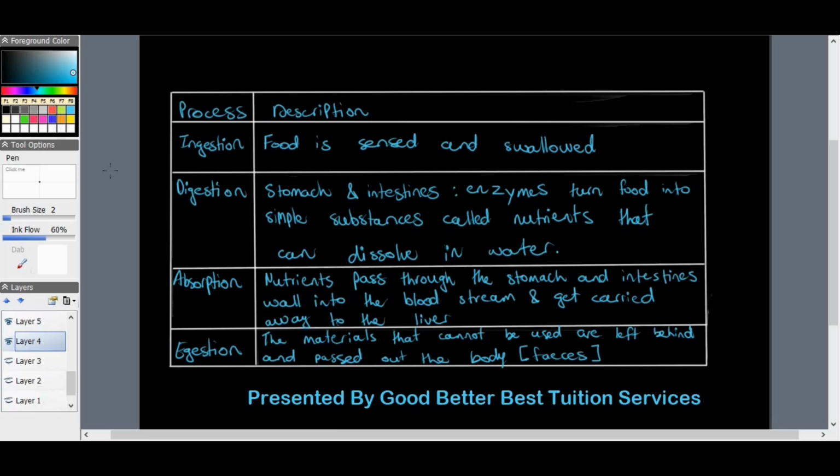In the stomach and the intestines, small chemicals that exist in our stomach are called enzymes. Let's underline that word, enzymes. These are the chemicals that are within our stomach and within our digestive system, or intestines. They turn the food into simpler substances called nutrients that can dissolve in water. That takes a while.